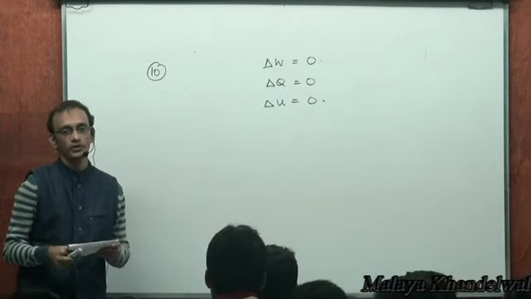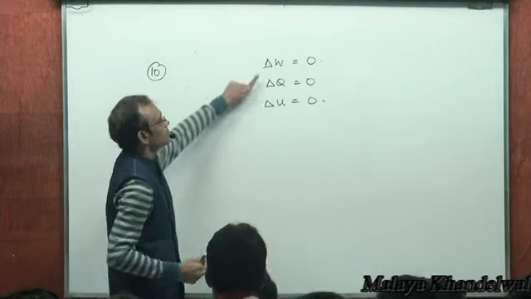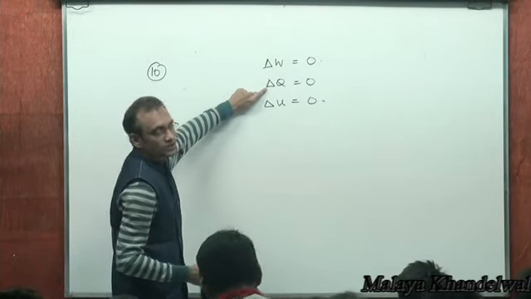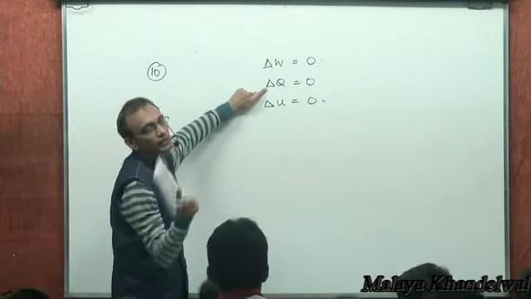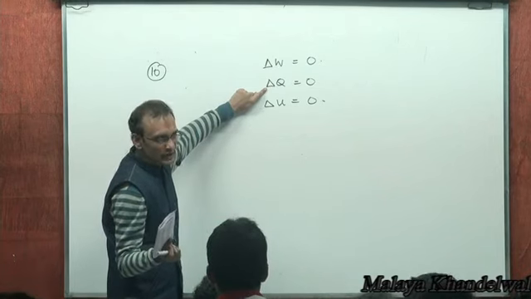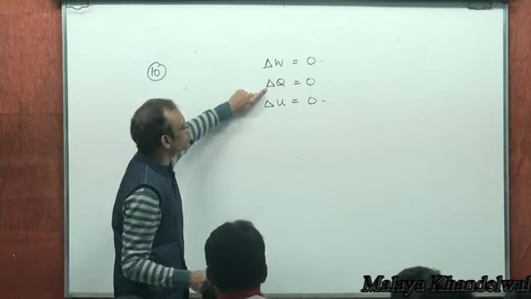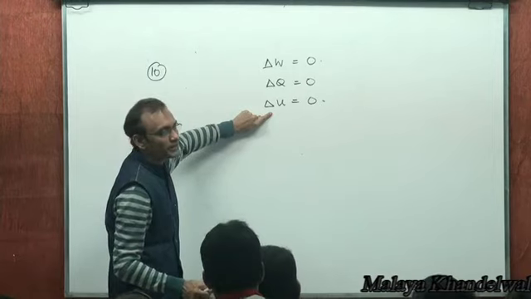Delta W is 0 in a free expansion. Delta Q is 0 because the free expansion occurs in insulated conditions, and therefore from the first law of thermodynamics, delta U is 0.